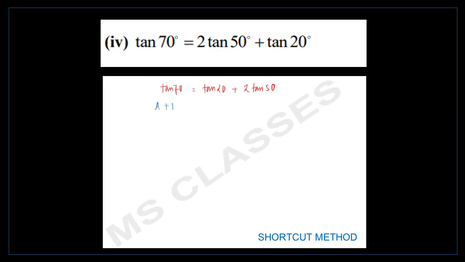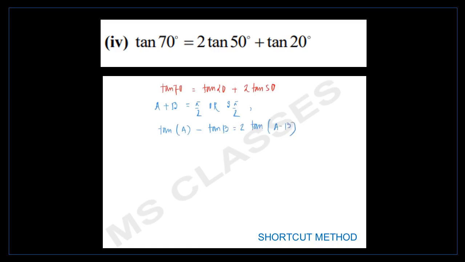If A plus B equals π/2 or 3π/2, because here you have 70 and 20, suppose in the question they have given some other value, they can give you, no issues. If A plus B is π/2, 90 or 3π/2, always you will get this one: tan A minus tan B equal to 2 times tan(A minus B).